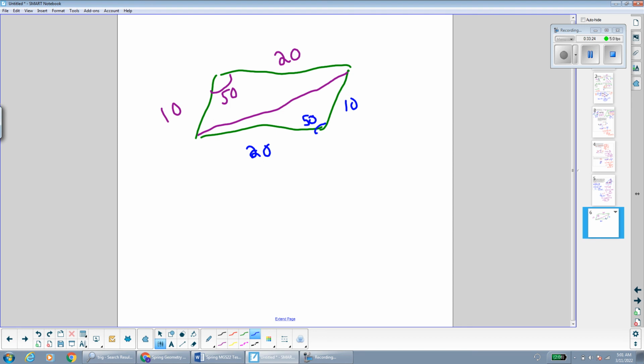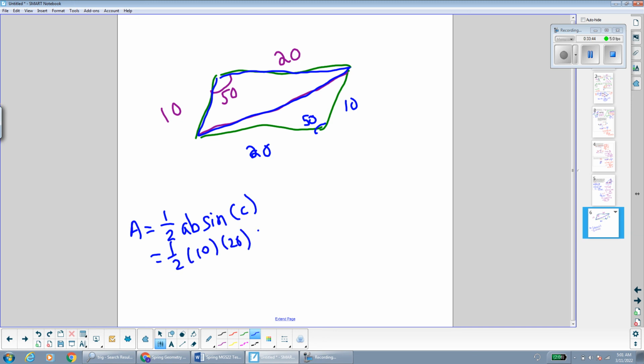So I could find the area of this triangle using the formula area equals 1/2 ab sine of angle C. I would just plug in two sides next to each other, which are 10 and 20, and sine of the angle in between those sides, 50.